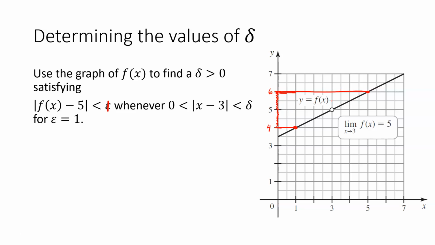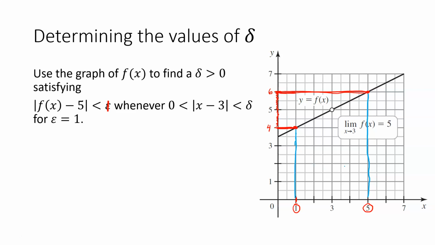So the points where f of x is equal to 4 would correspond to where x is 1 down here, and where f of x is equal to 6 would correspond to where x is 5 down here. So here I'm just observing where the graph of f of x meets those particular x values.